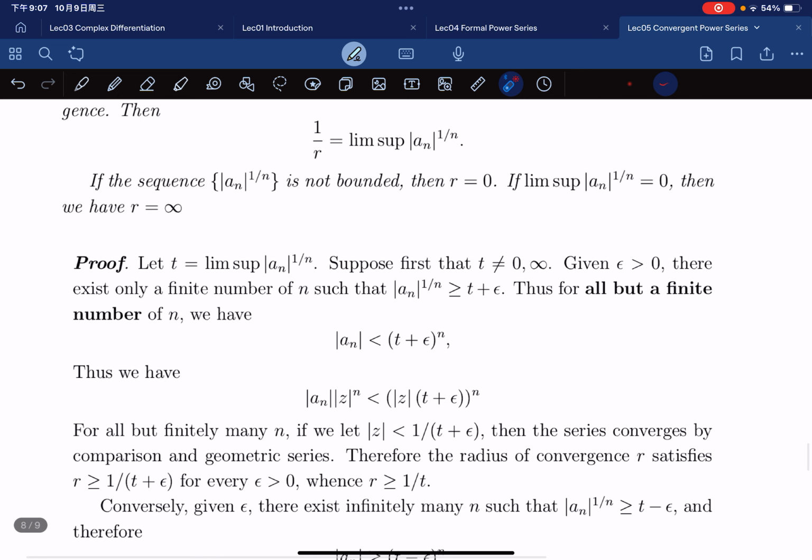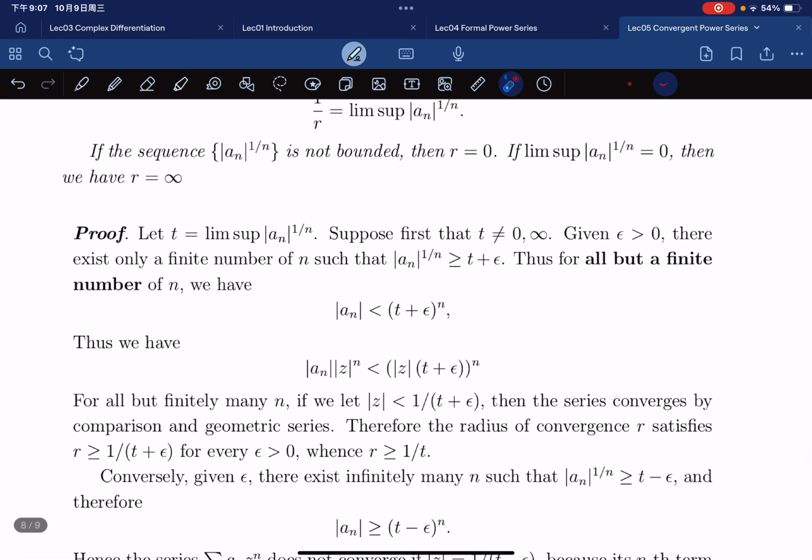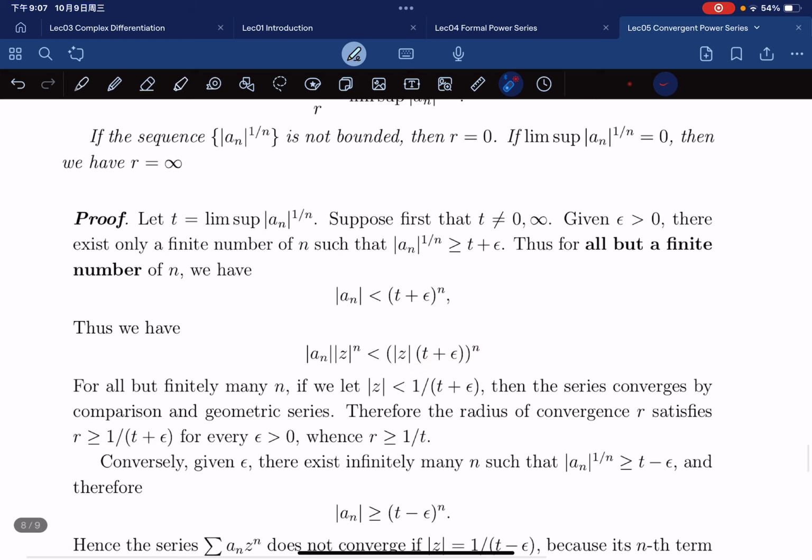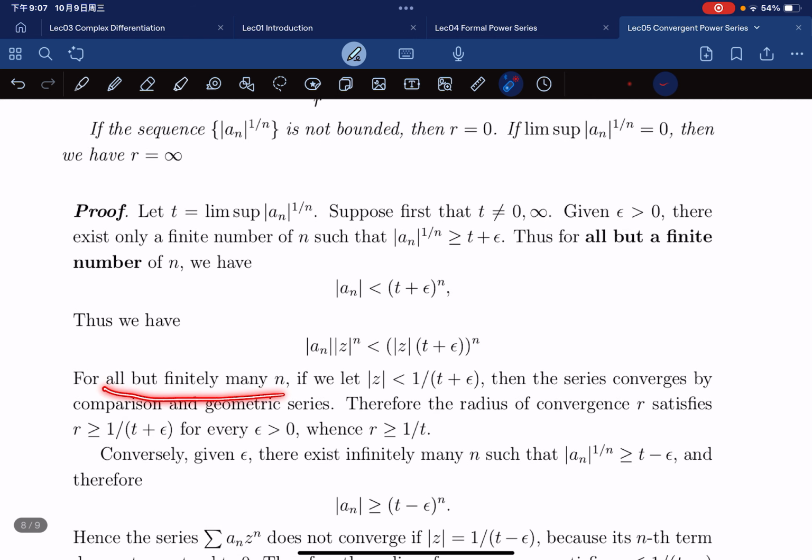And then the proof follows. Right, for epsilon, there are only finitely many numbers such that this is true, which means that all but finitely many have this. And we raise it to the power of n on both sides, right? Thus, if we multiply by norm z to the n, we get this, for all but finitely many n.